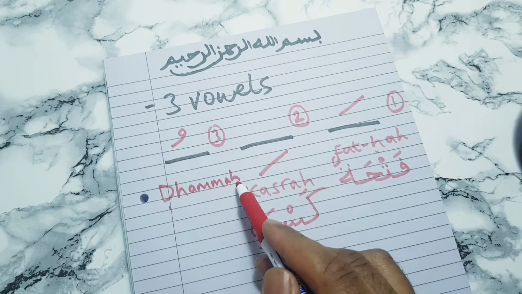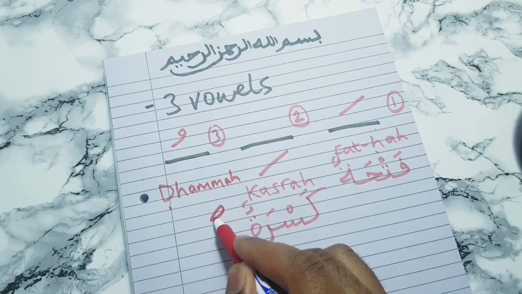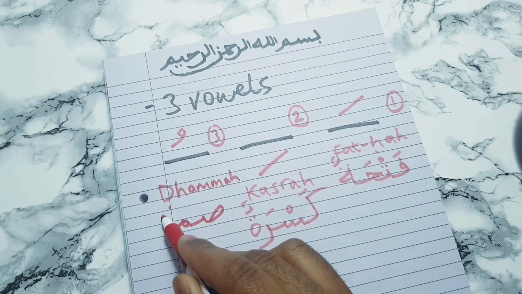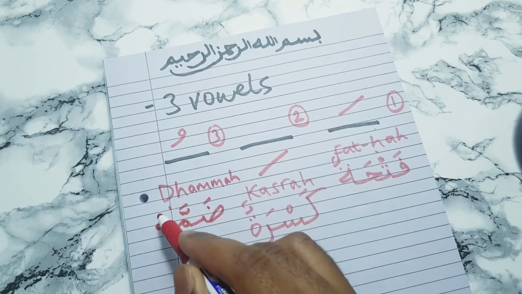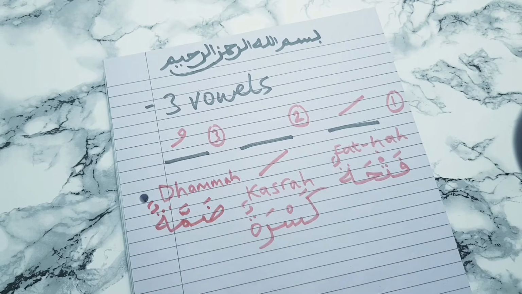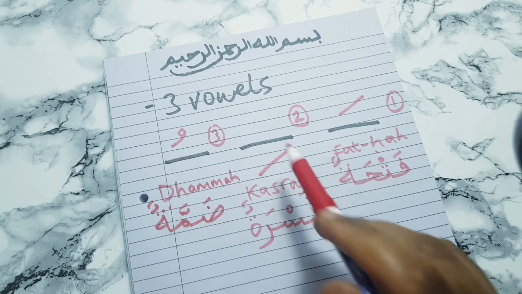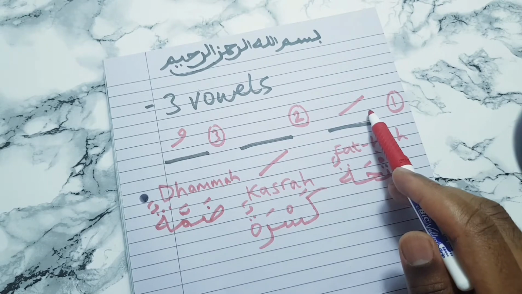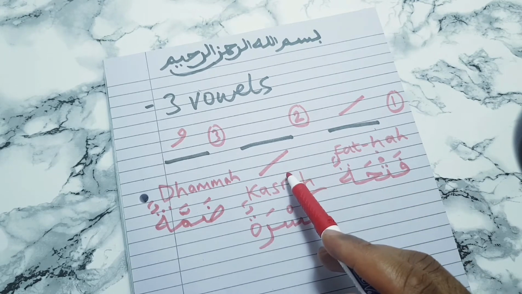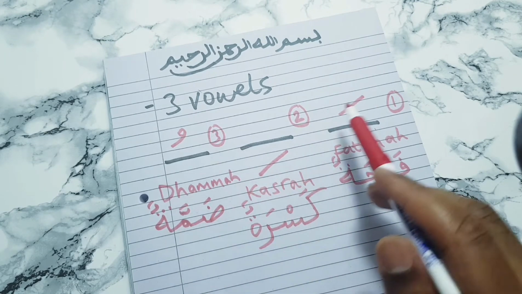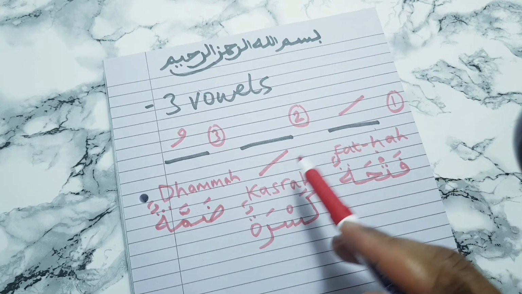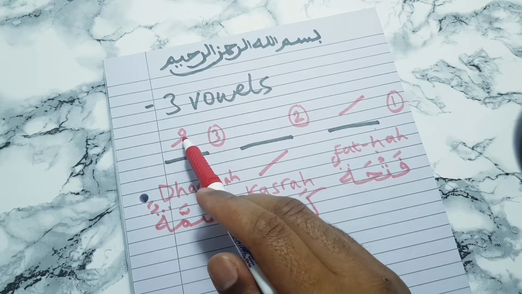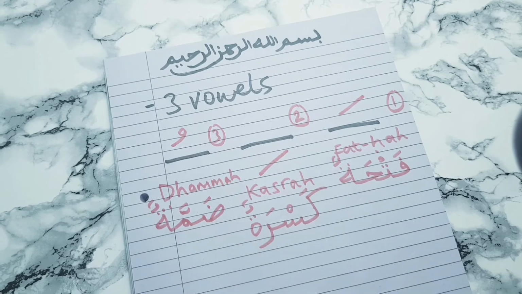In Arabic, dhammatun. Or if you're stopping, dhamma. So we said in Arabic there are 3 vowels. First one is fatha, kasra, dhamma. Fatha, kasra, dhamma.